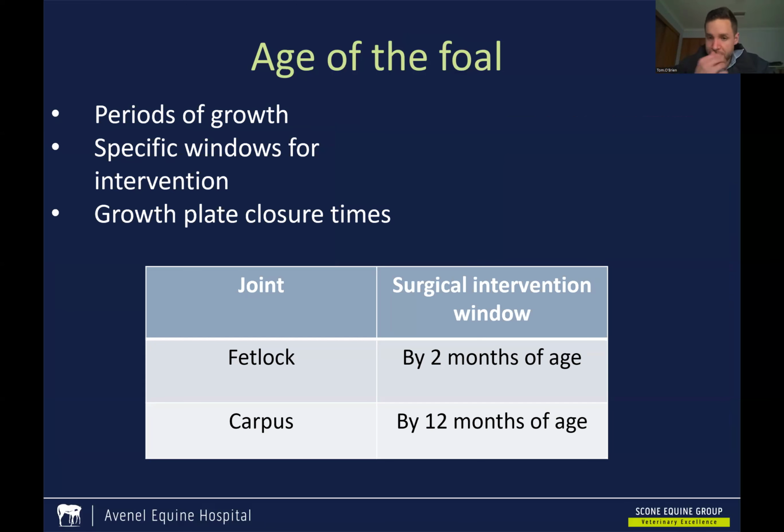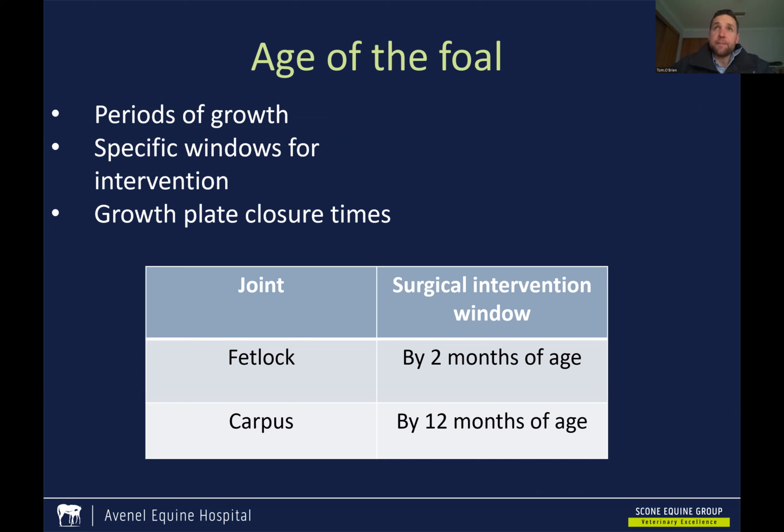And so we like to think about, for fetlock angular limb deformities, you really need to have an idea as to whether or not you're going to do surgery by approximately 2 months of age. Now, you can do surgery a little bit after that, but the efficacy of the surgery, or the effect of the surgery, is likely to be less as that foal goes over 2 months of age.